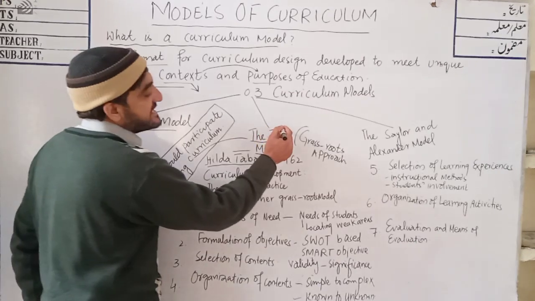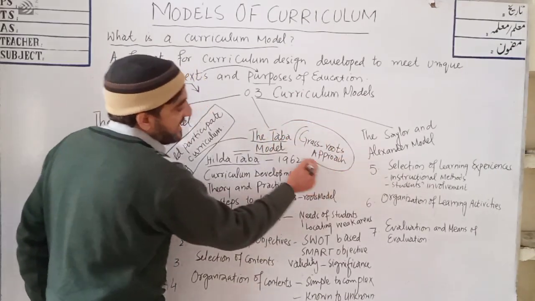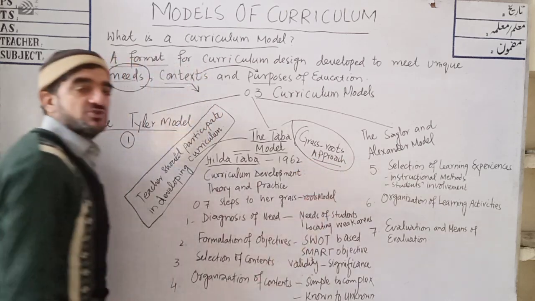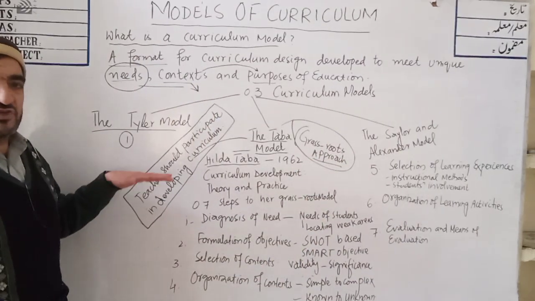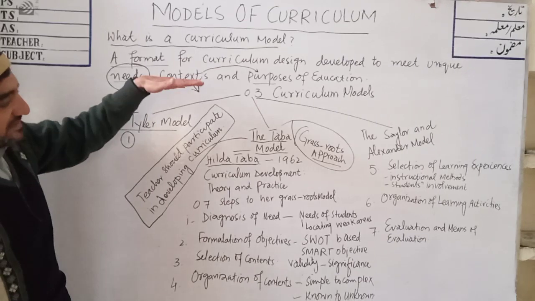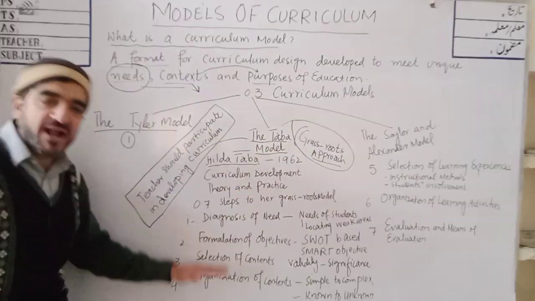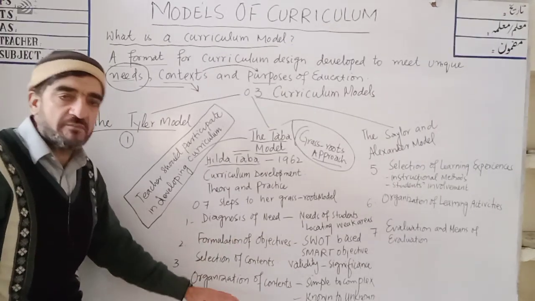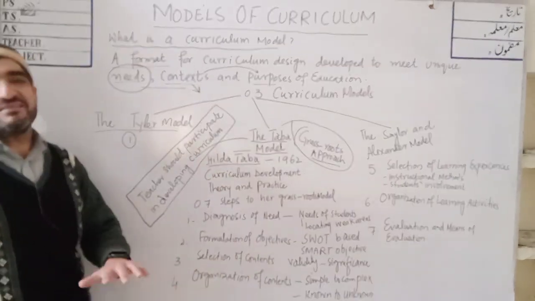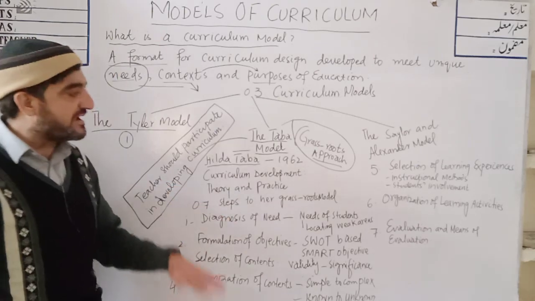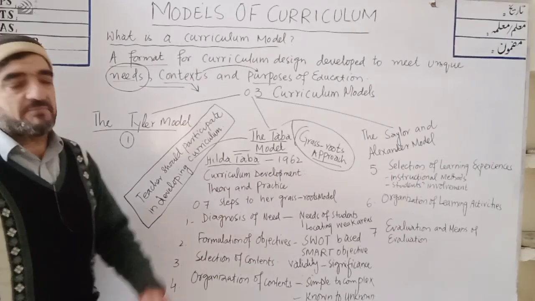This Hilda Taba model is also known as the grassroots approach. Grassroots approach means that curriculum should be brought to the level of the teachers and the learners who are involved in propagating the teaching of it.